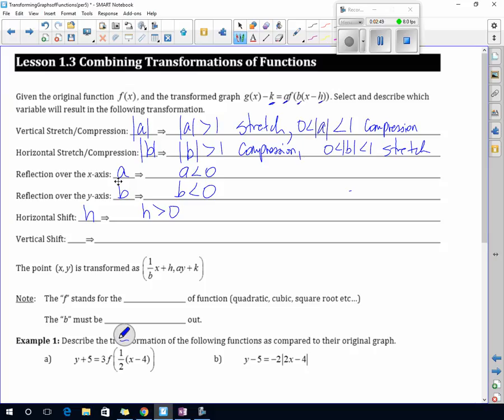I'll give you an example. If h is 5, do you see I'll get x minus 5? The minus is part of the form. As long as you understand, if h is less than 0, say it was minus 1, it would be x minus minus 1, which really is x plus 1, which means it's going left.